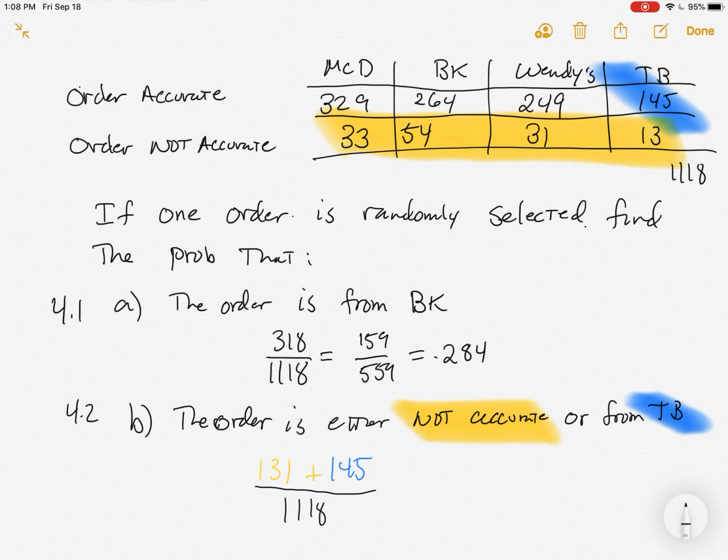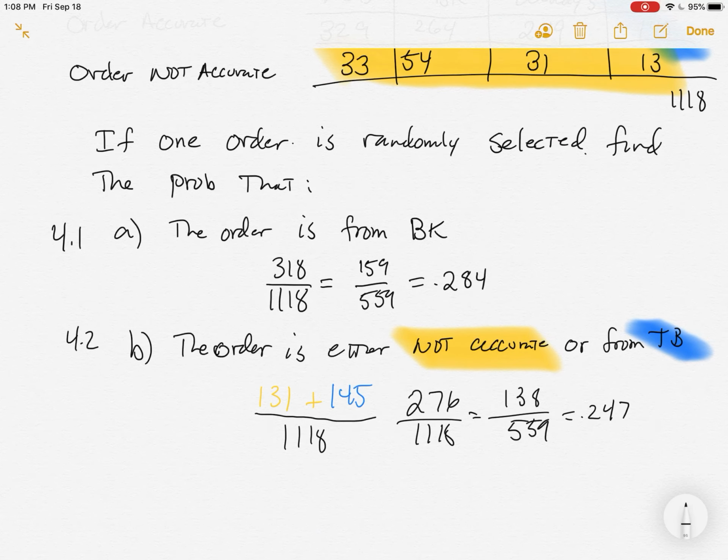So I take my 131, add the 145, and come up with 276 over 1,118. And so that's 138 over 559, and I think we're good there as a reduced answer. I could divide that and realize I got 0.2468.